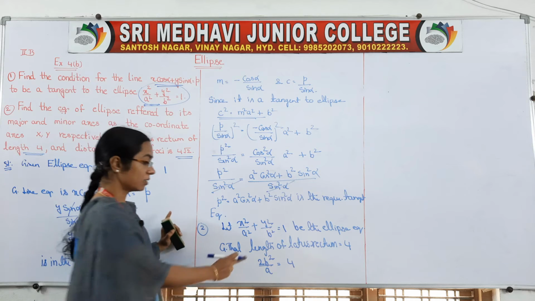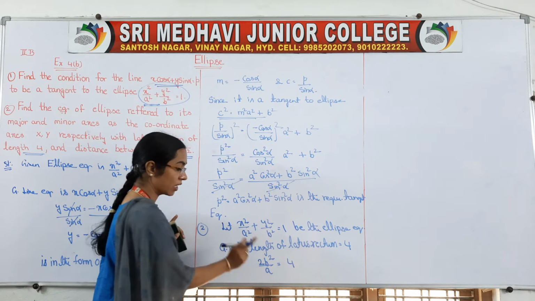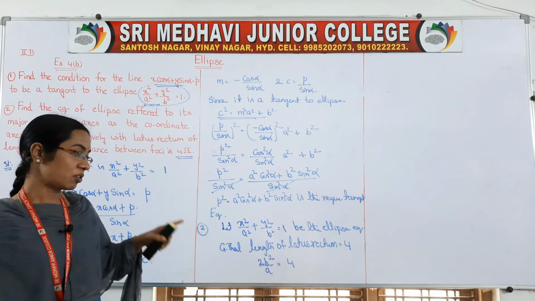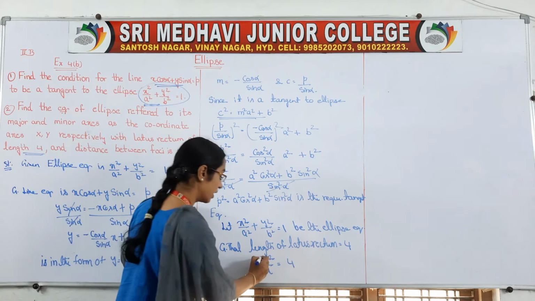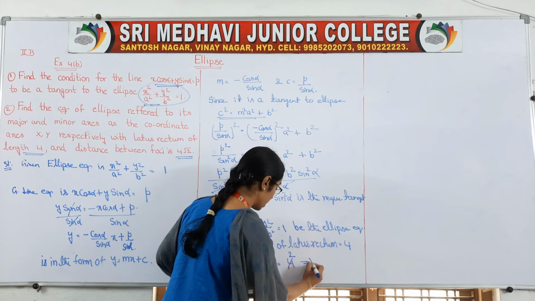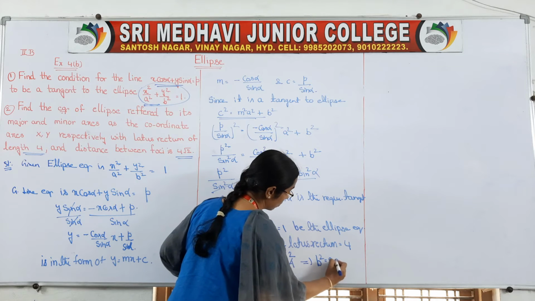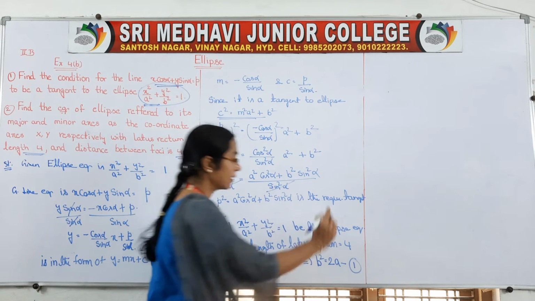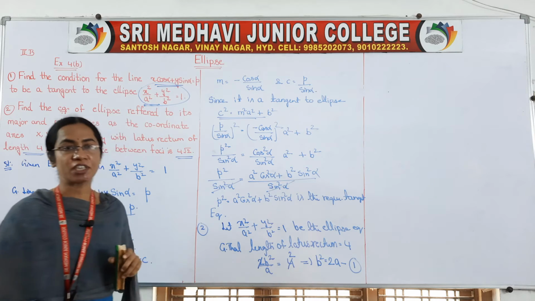So, 2 1s are 2, 2 2s are 4, so your value is b square is equal to 2a. You consider that as the first equation.